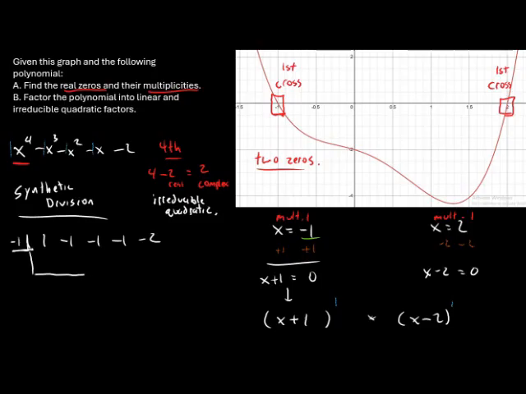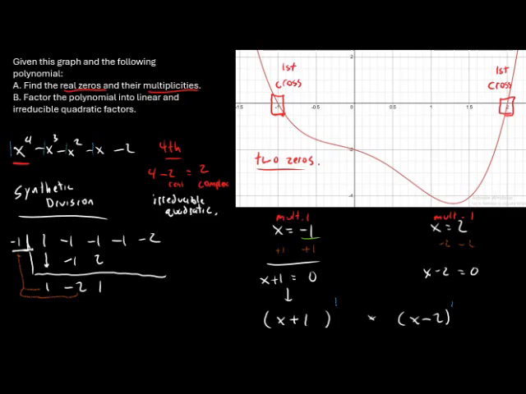To perform our synthetic division, we'll begin by bringing the original 1 down, and then multiply that times this number on the left. 1 times -1 gives us another -1. And then -1 plus another -1 gives -2. Then we'll take that -2 again times -1. -2 times -1 gives +2. -1 plus that 2 will give us +1.